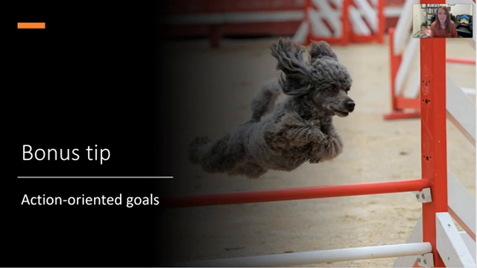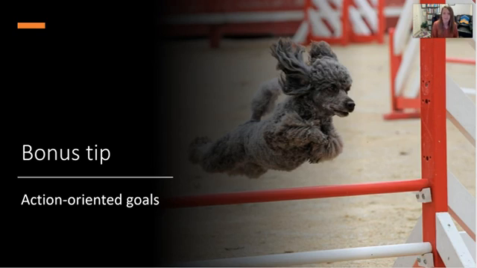And this reminds me of just a side tip that I'm going to give you about action-oriented goals. When we think about goal setting, whether in therapy or in our own personal and professional lives, you should use the same principles of looking towards a positive or something that exists rather than something that you want to avoid. It's easier for our brain to envision doing something than not doing something, or the absence.